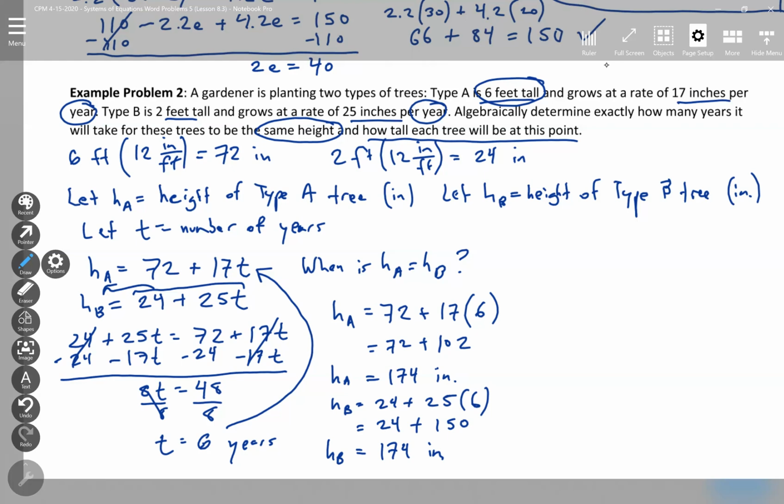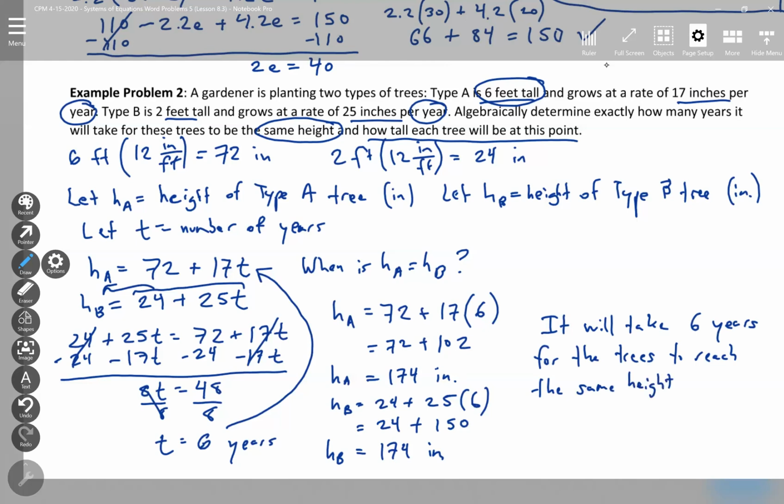So let's write our sentence. It will take 6 years for the trees to reach the same height and each tree will be 174 inches tall at this point.